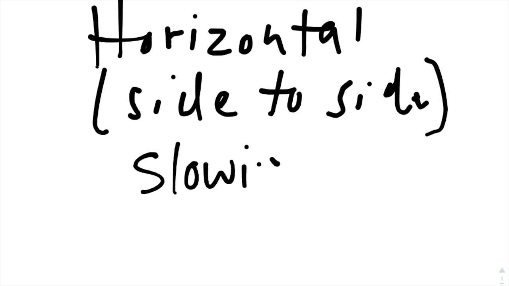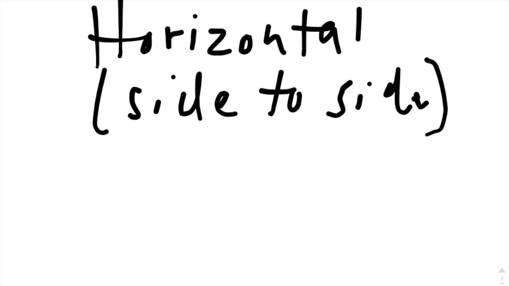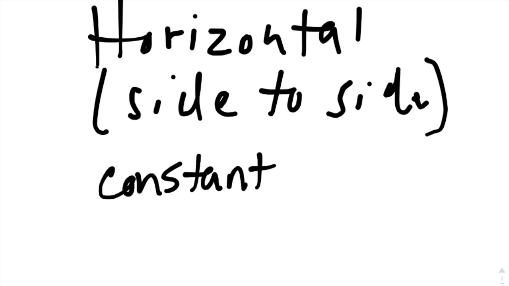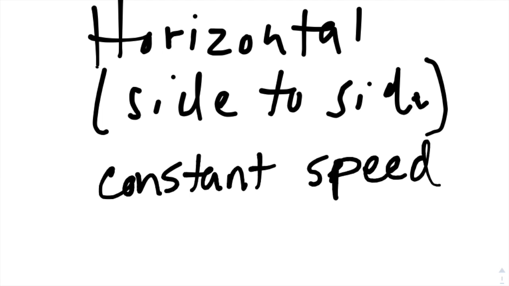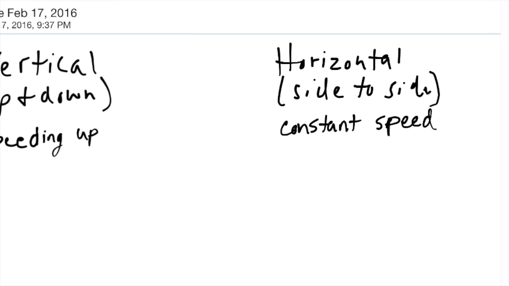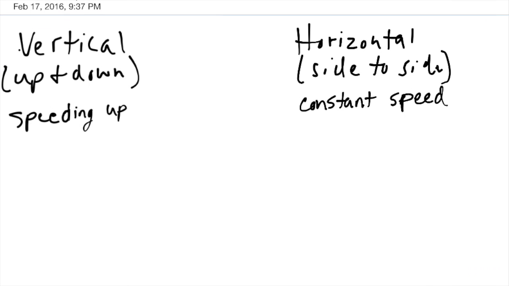Nah, it wasn't slowing down. Horizontal was constant speed. All right, so we've got speeding up and down, and then constant speed side to side.